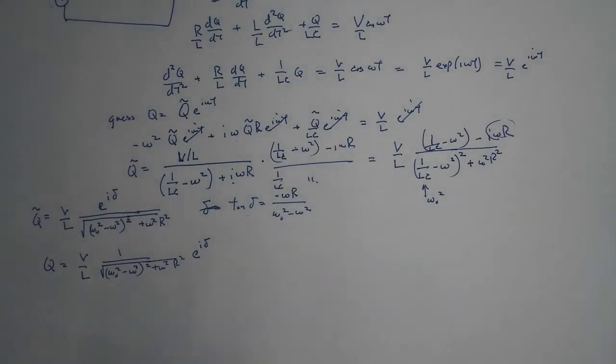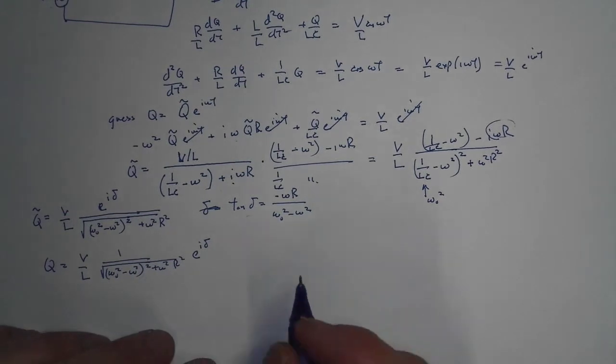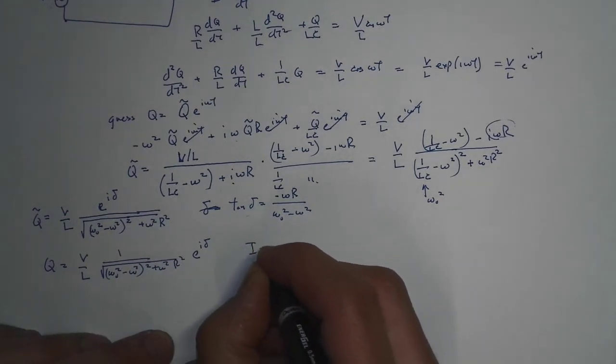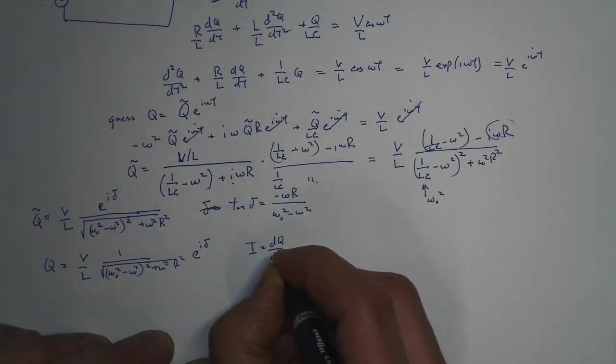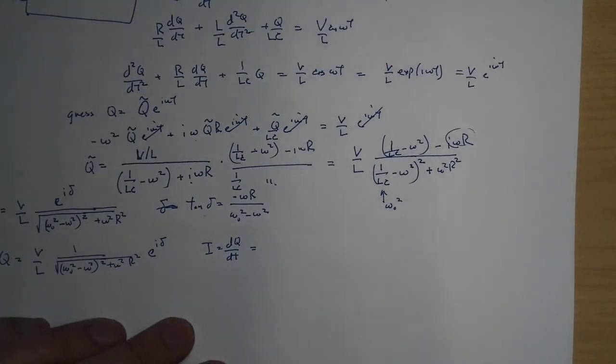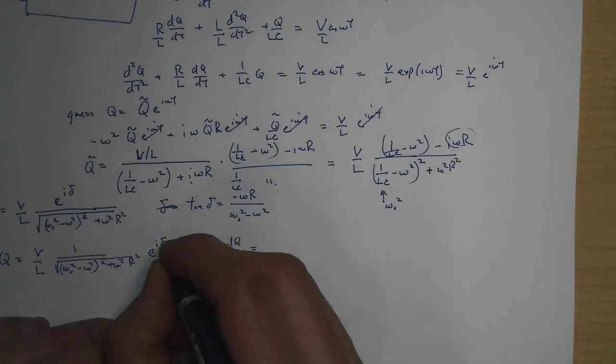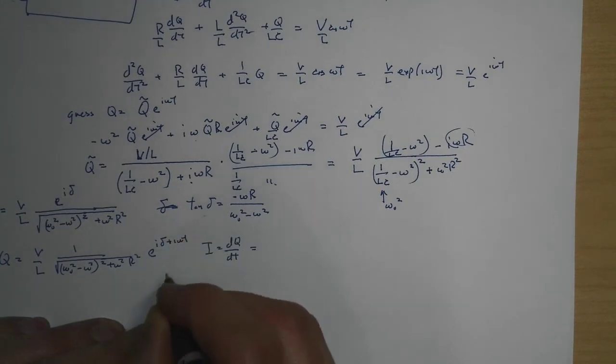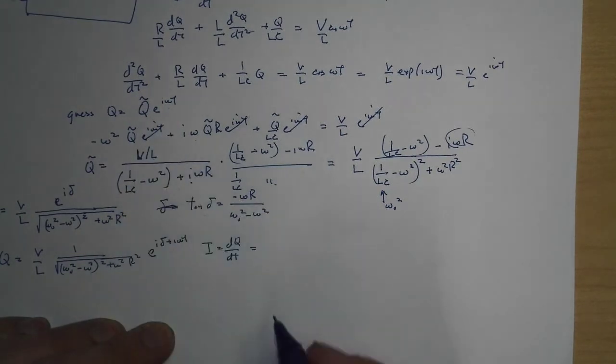Okay, so once we have this, we can figure out what I is. I is equal to dq dt. This is going to be equal to, whoops, plus i omega t. Don't forget this part here.